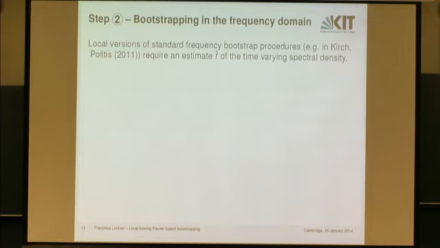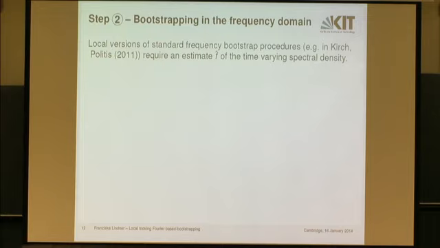Well, you can find some of those bootstrap methods, for example, in Kirch and Politis. We use local versions of them, but in order to use them, we need an estimate f hat of the time-varying spectral density. So the first problem is, can we find an estimator for that spectral density?